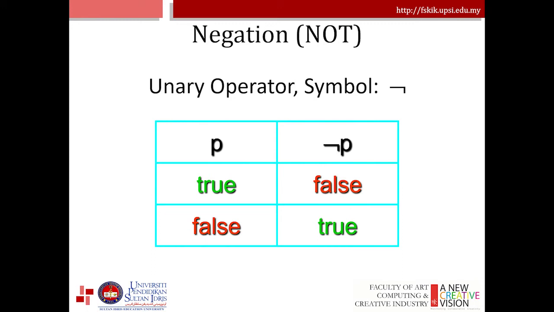Bear in mind, a unary operator is a single operator, and the symbol for negation is like this. If we have the truth table like this, we have P is true, and then the negated P is false, and then when P is false and we negate P, it is true. It is either way for the negation.